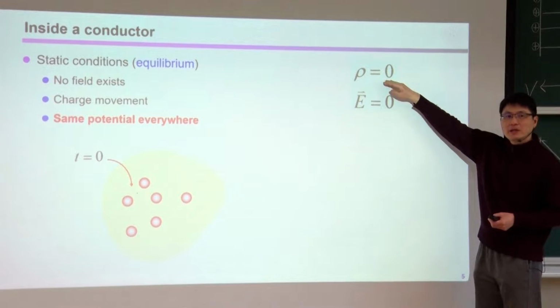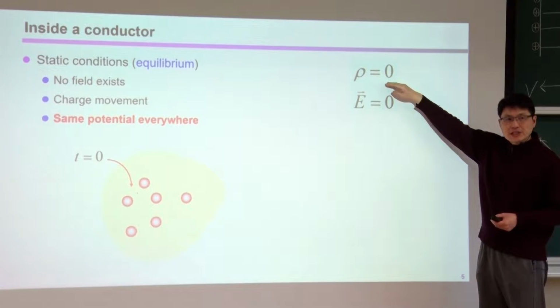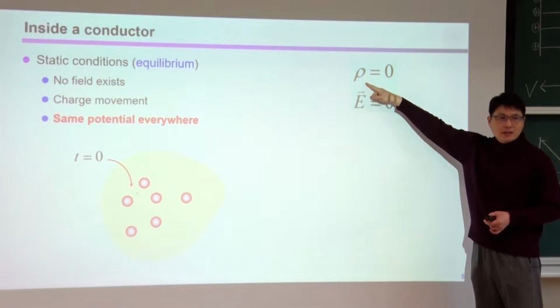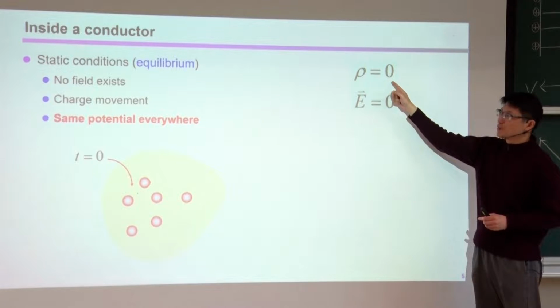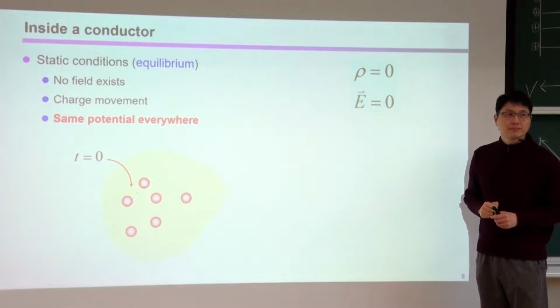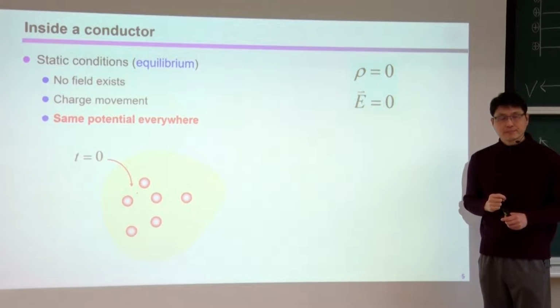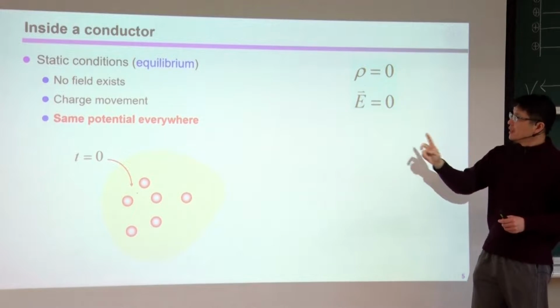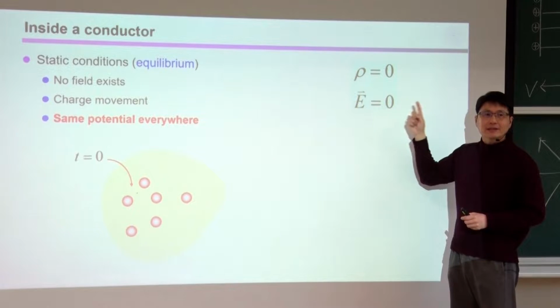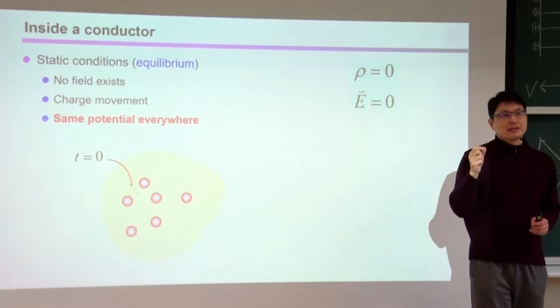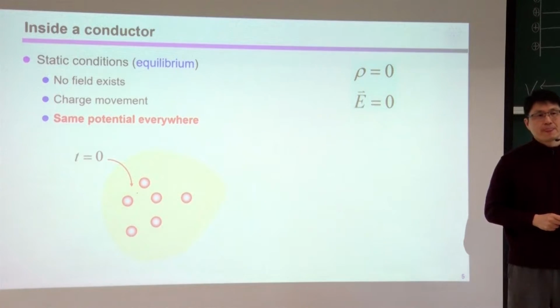One is inside this metal, you are not allowed to have charge distribution. So the charge density inside the metal has to be 0. Point number 2, inside the metal, you cannot have electric field.